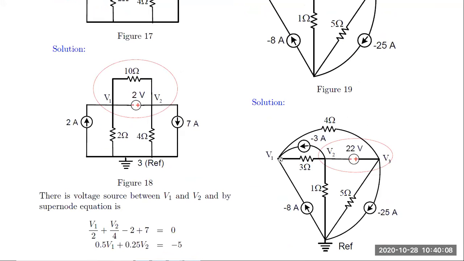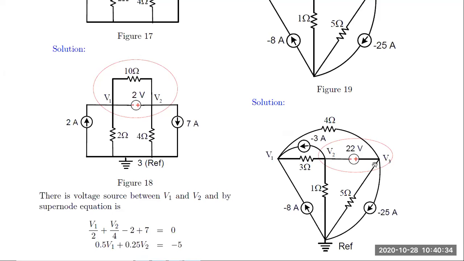So coming to V1, what are all the connections there? There is a current source, a 3 ohm resistor, another current, and a 4 ohm resistor. So these are the 1, 2, 3, 4. Similarly, coming to V2, one resistor, another resistor, and a current moving away.